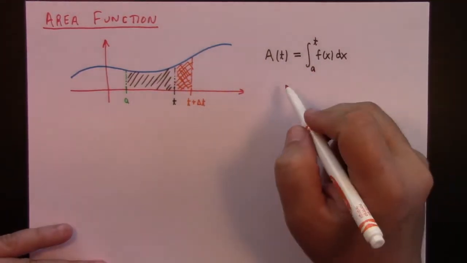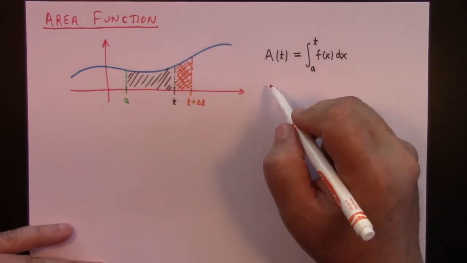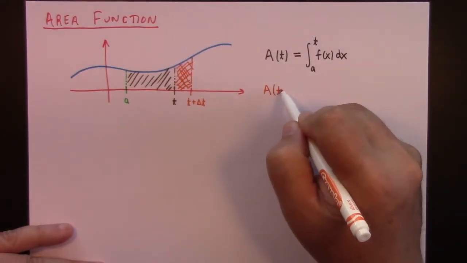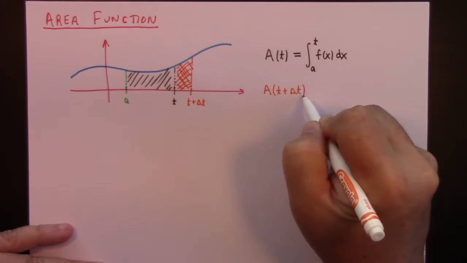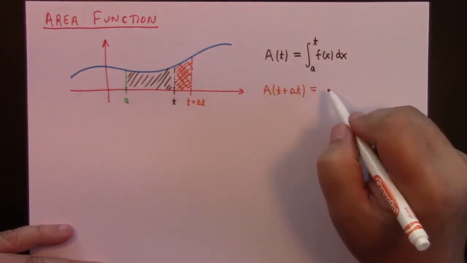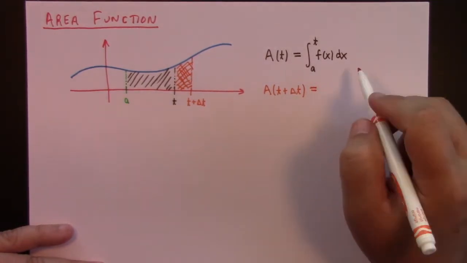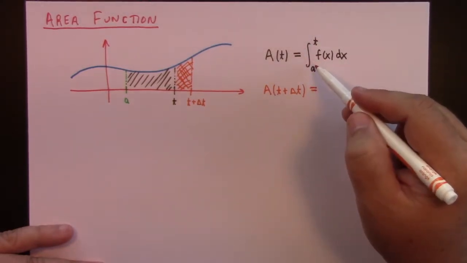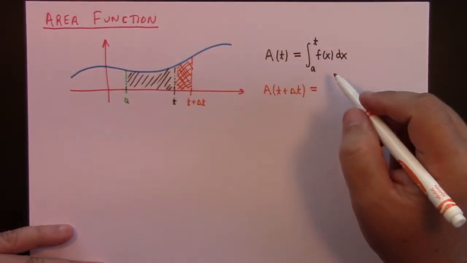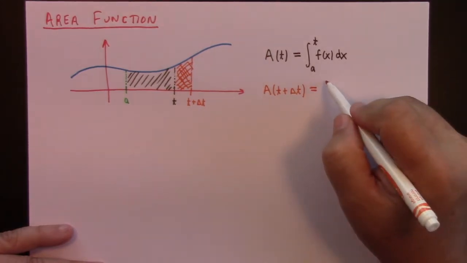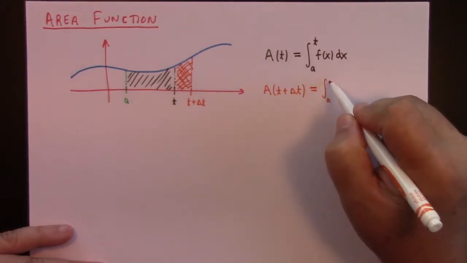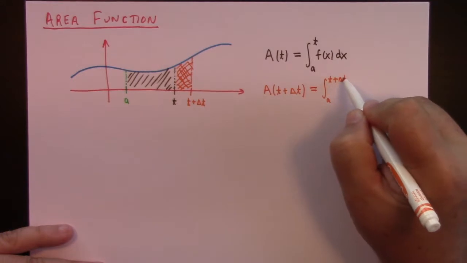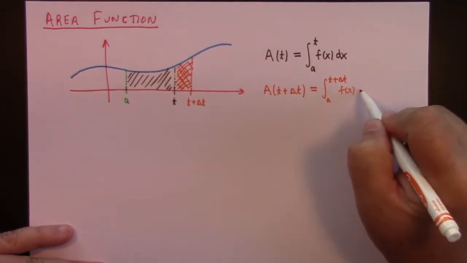And so clearly, A of t plus delta t should be equal to, well, on the one hand, it's just the integral from a to t plus delta t of f of x dx, right?